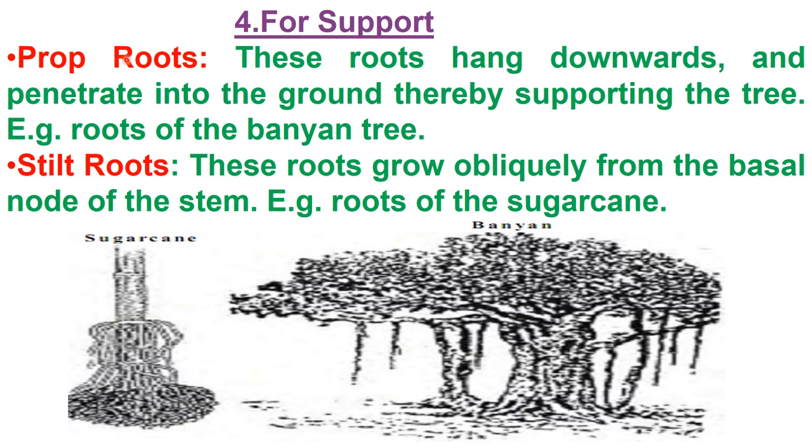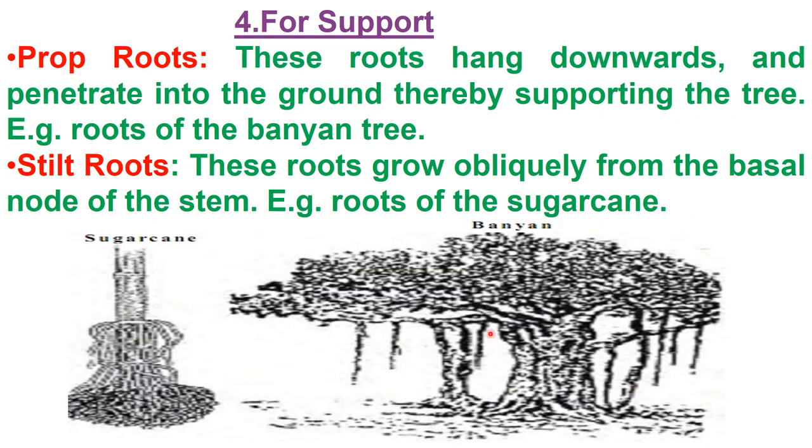What are the prop roots? These roots hang downward. These grow from the nodes of the branches and hang downwards, as you can see here in the banyan tree. These hanging structures are roots, and these are called prop roots, and they penetrate into the ground, thereby supporting the tree.